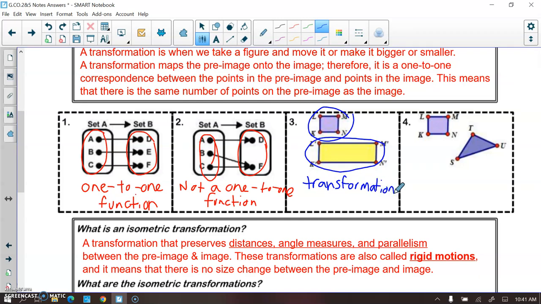And in number 4, if I start off with 4 points and I wind up with a shape that has 3 points, this is not a transformation at all. So in order for a transformation to take place, we need to have the same number of points in the pre-image as we do in our image.